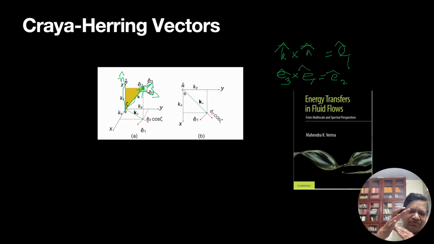For incompressible flows, we know that u(k) is perpendicular to k, so it must lie in the plane formed by e1 and e2. So my vector u lies on a plane perpendicular to the k vector, and its basis vectors are e1 and e2. This is projecting onto the XY space, but it's easy to visualize these two basis vectors of the Craya-Herring basis in 3D.